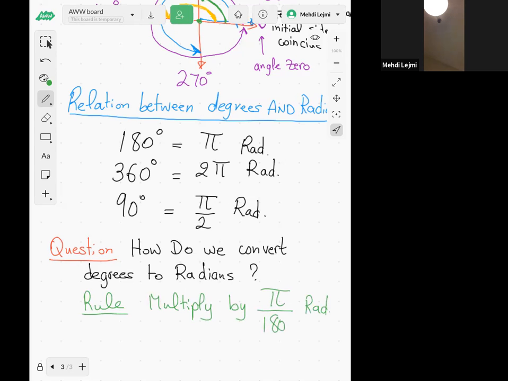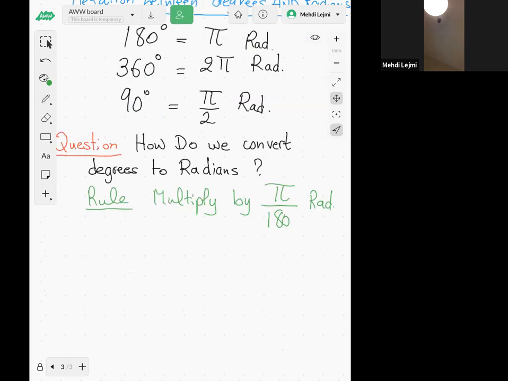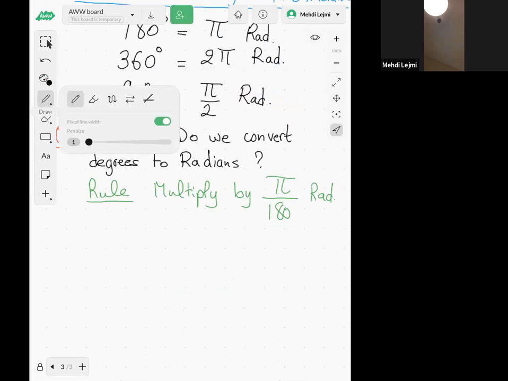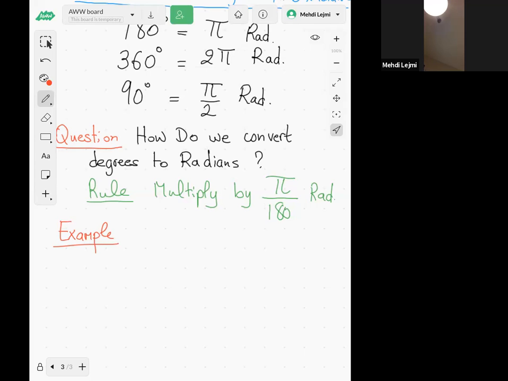So for example, let's say I want to convert 150 degrees to radians.